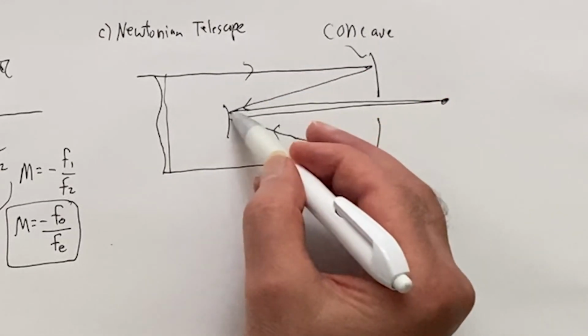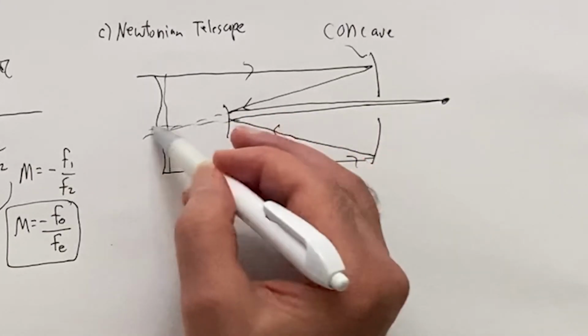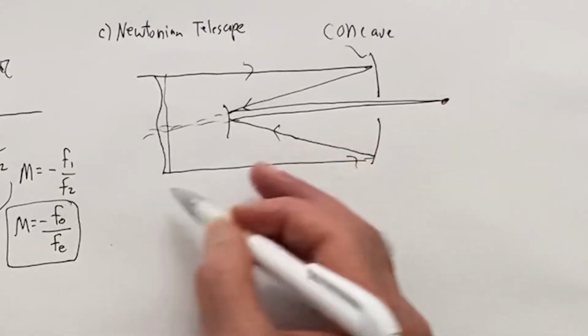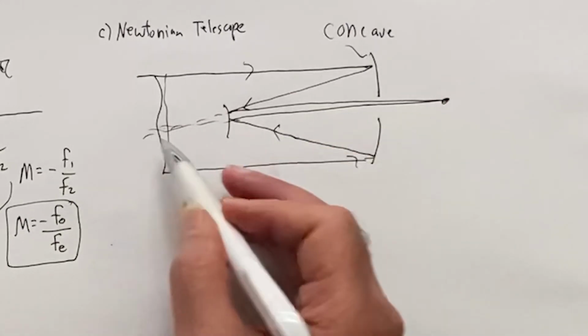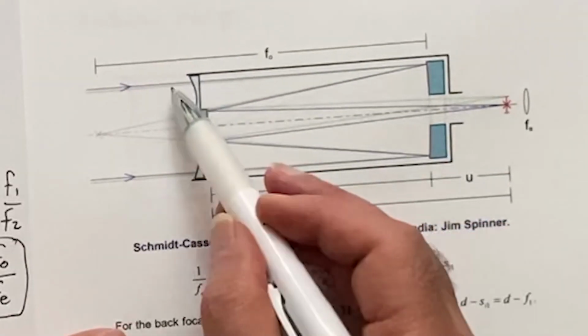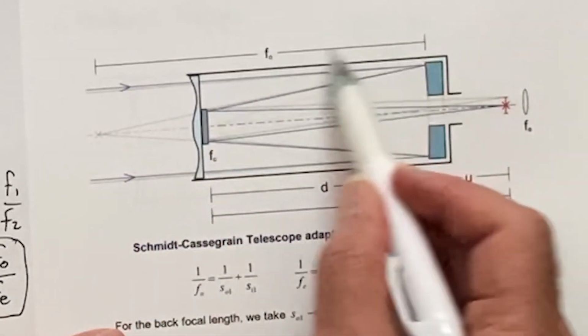So here, these would have met, say back here somewhere, and this would be where these would meet. There's a little better diagram in your book here. So here, where these would meet, this is your F objective.